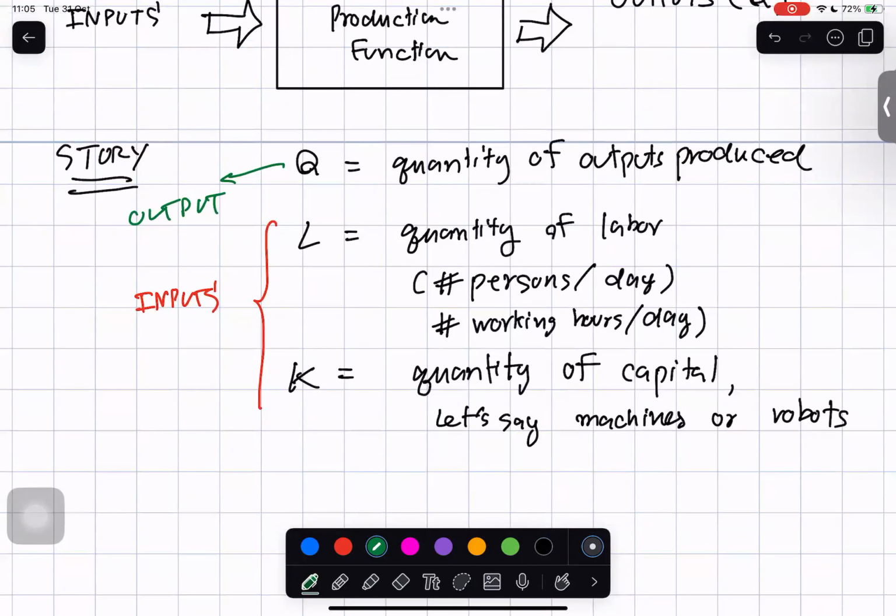So we are going to consider a production function like this. We want to produce output Q by using two factor inputs, namely labor and machines.